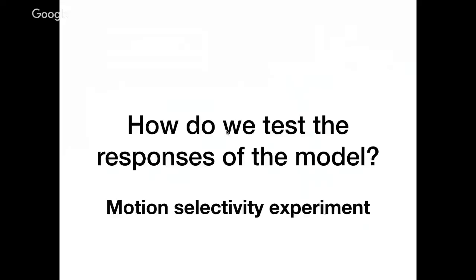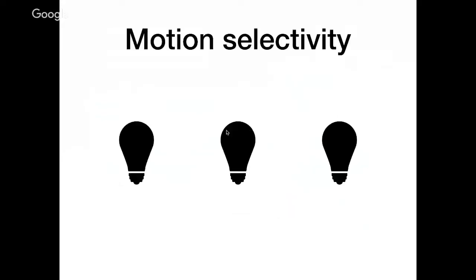So what we decided to do is use a motion selectivity experiment. To get an idea of what motion selectivity is, you can think of three light bulbs that I light up in a sequence, and currently they're all off.